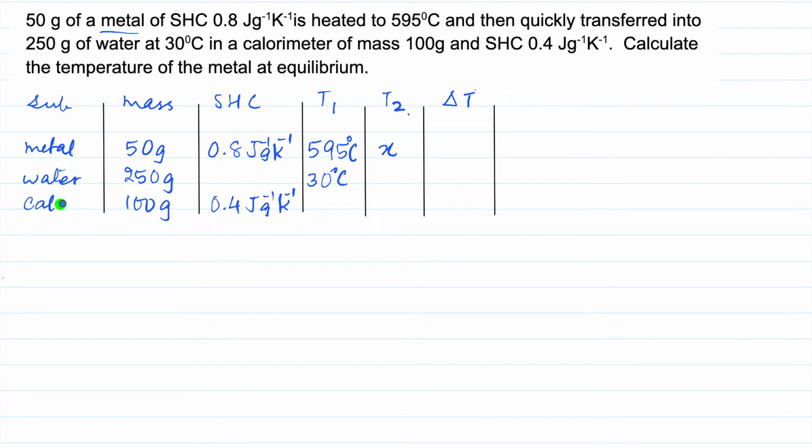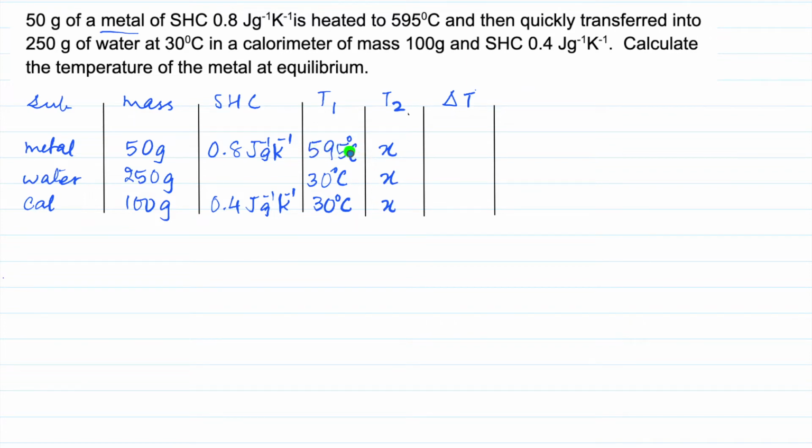And because water and calorimeter are in contact with each other, the initial temperature of the calorimeter also will be 30 degrees C, and the final temperature is going to be the equilibrium temperature, which will be X.